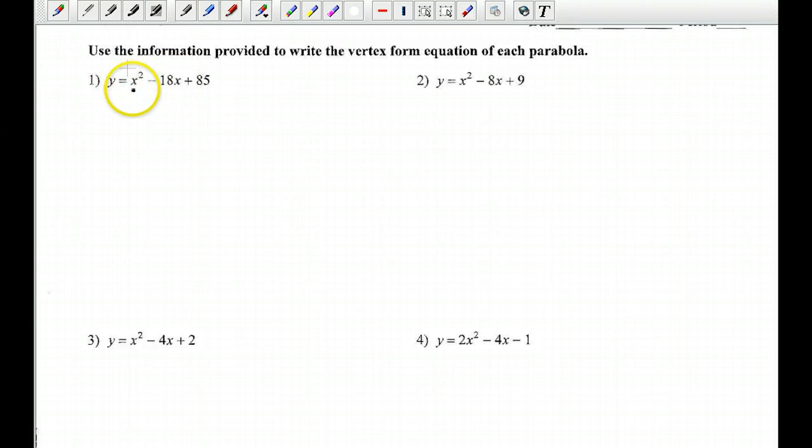So we have x squared minus 18x plus 85. It all starts off the same. X squared minus 18x, leave a space, move the 85 over, we're at -85.